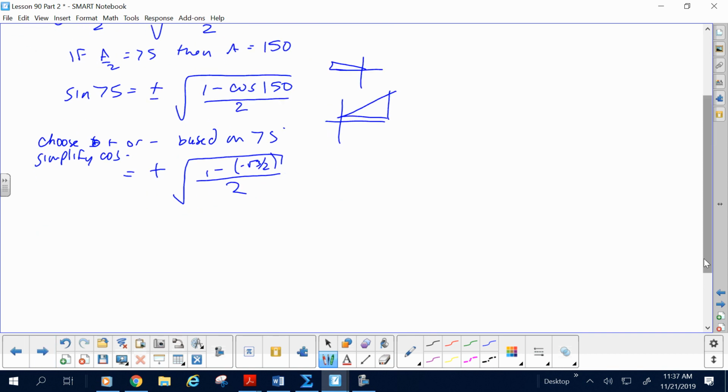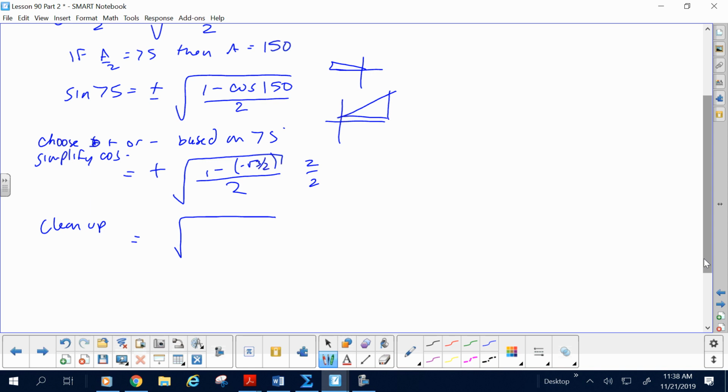Let's do a little bit of cleanup. Okay, so what could you multiply top and bottom by to clear the fractions of it? 2. If you multiply by 2 over 2, then you get 1 plus... I'm going to multiply by 2 to clear out that 2.